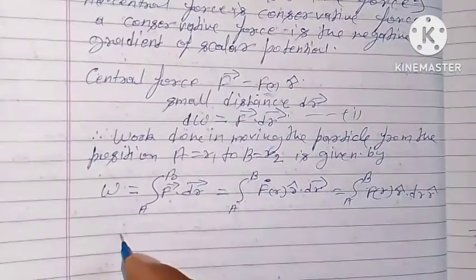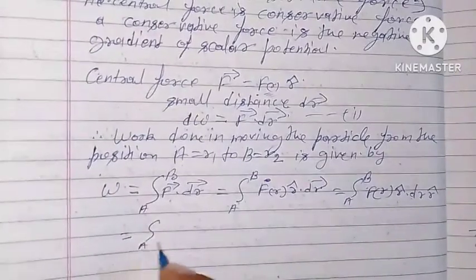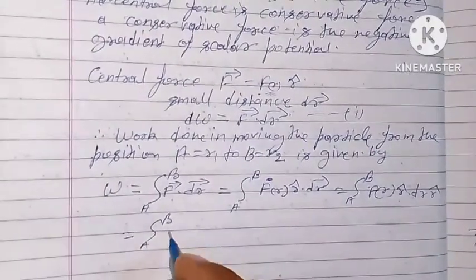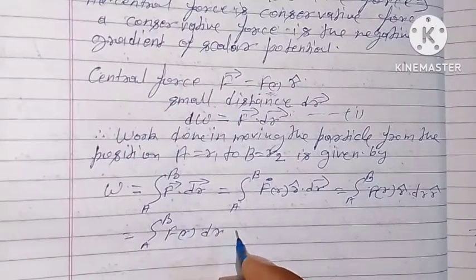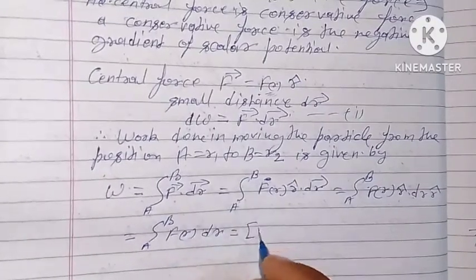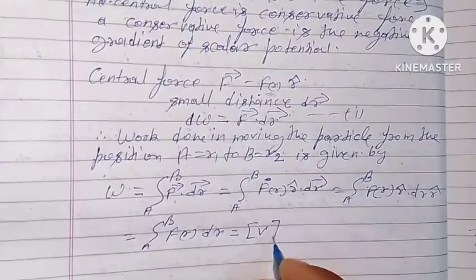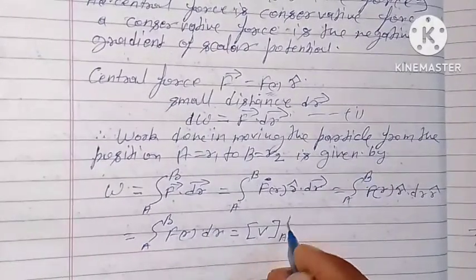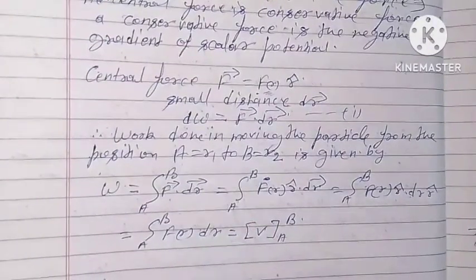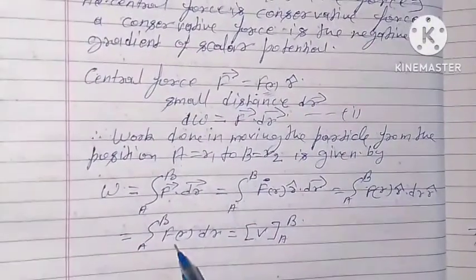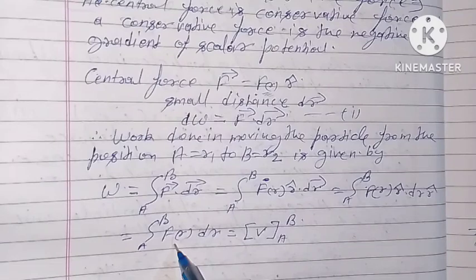Then the integration from A to B of F(r) dr equal to V, capital V, from A to B. As F(r) is a function of r only, its integral V is also a function of r.